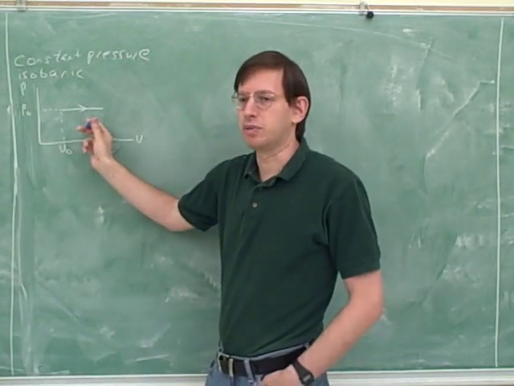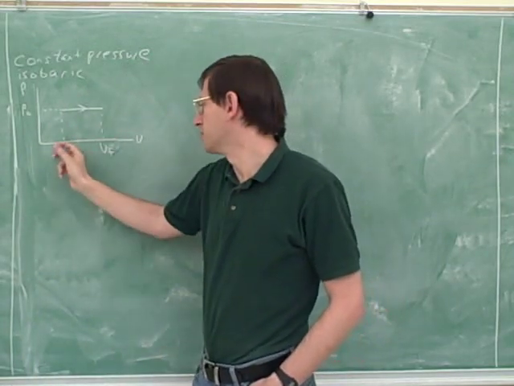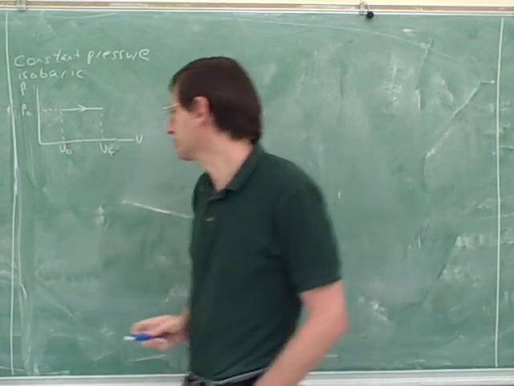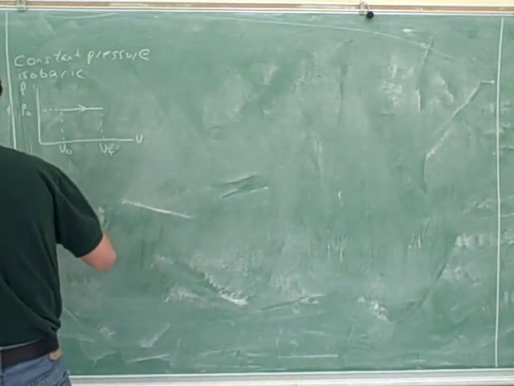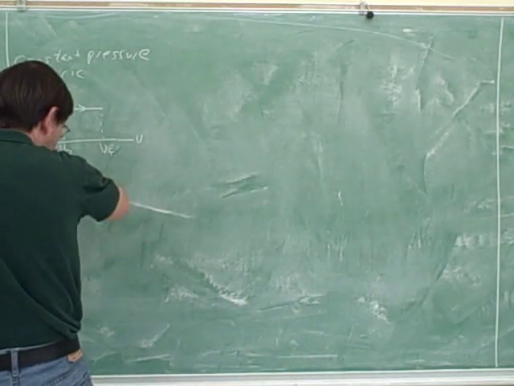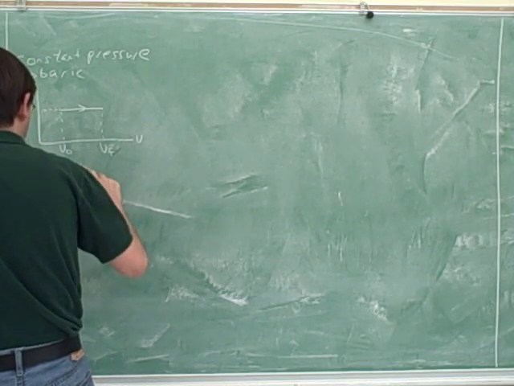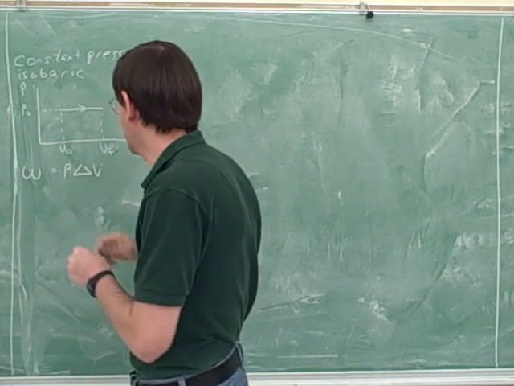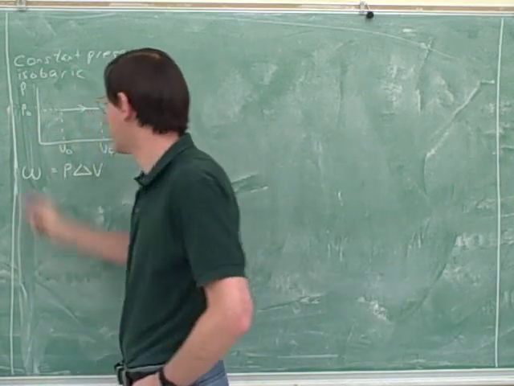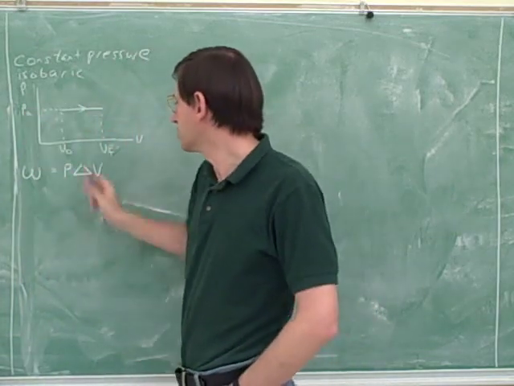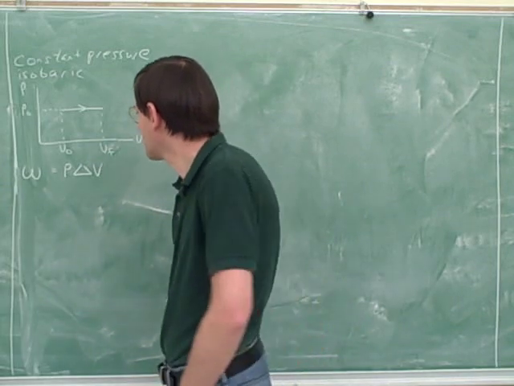Since this is a rectangle, we can just do length times width. So it would be the change in the volume times the pressure. There's no distinction here between the initial pressure and the final pressure since the pressure is constant. So it would be P delta V.